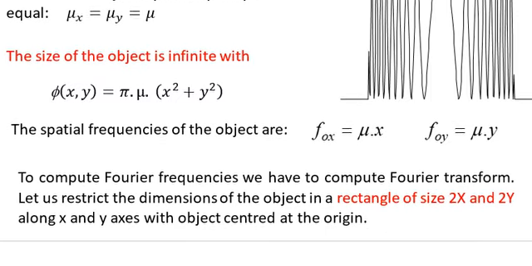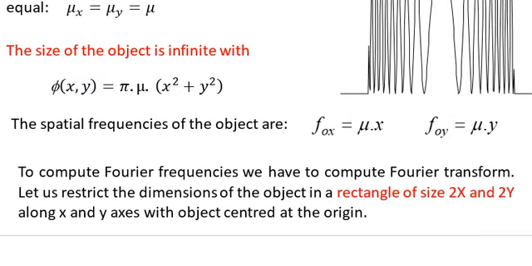Now the spatial frequencies that we can compute for this phi function, as we studied in the formulas previously: we have to calculate the rate of change of phi with respect to x in order to find f0x, divided by 2 pi, and then calculate the spatial frequency in the y direction. For that we take the partial derivative of phi with respect to y, and then divide the whole by 2 pi.